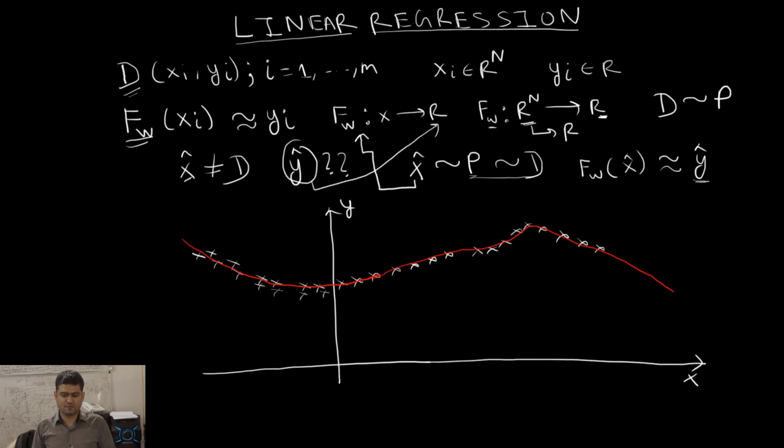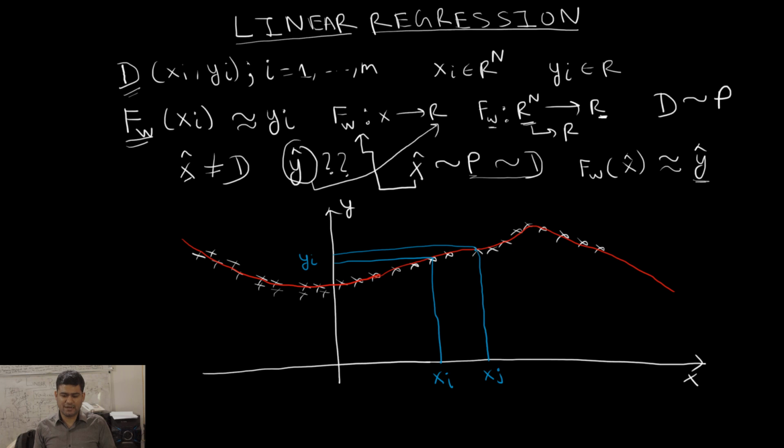So for each of the values xi in the data set, we have a corresponding value yi. Likewise, for any other point xj, we have the corresponding value yj. And we learn this functional mapping, this red function, using this data set.